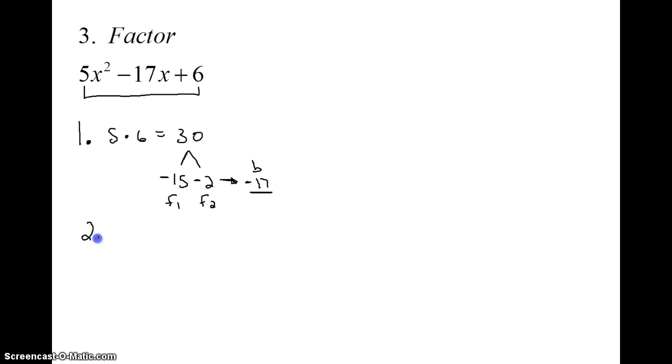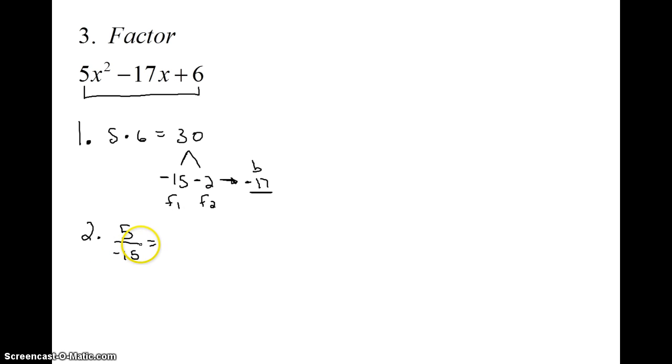For my second step, I'm going to make my two fractions. The first fraction is going to be a divided by the first factor. Oops, hold on guys, a is not 15, that's your first factor. So a is 5, so you take a, 5, divided by the first factor, which is negative 15.